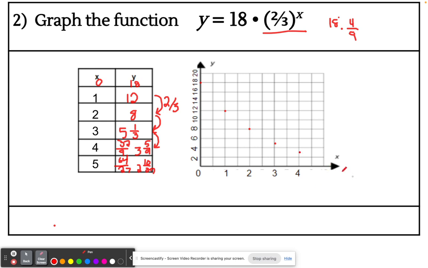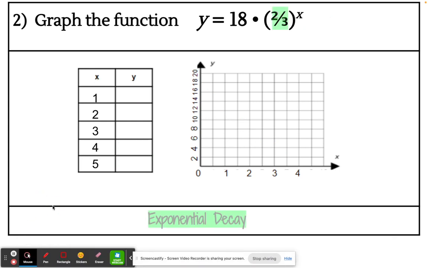Then 5 will get me to 2 and something. Oh, 5's not even on there. And you'll see it decreasing pretty steeply until it starts getting near the bottom. And then it will keep going lower and lower, but will never quite hit the x-axis. Again, that is exponential decay.